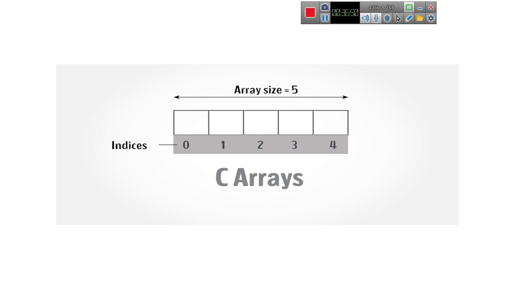These are all 5 different locations of the same type, integer: location 1, location 2, location 3, location 4, location 5. Location means it is a memory location.